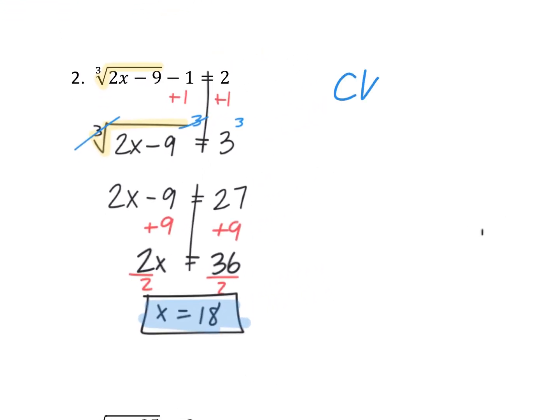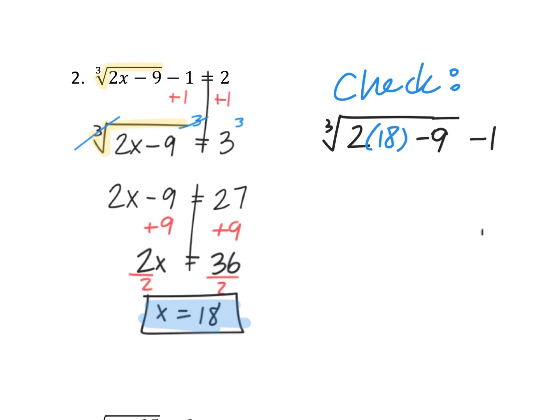So my check step, which we're not going to skip ever. The cube root of 2x minus 9 minus 1. We're trying to figure out what that is. Oh no, I shouldn't put x, right? I should put 18. 2 times 18 minus 9 minus 1.